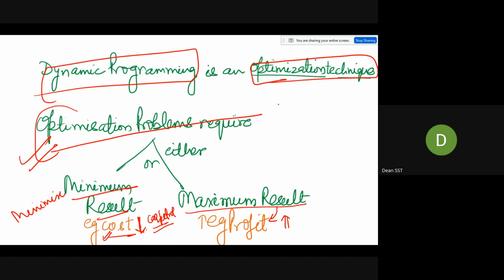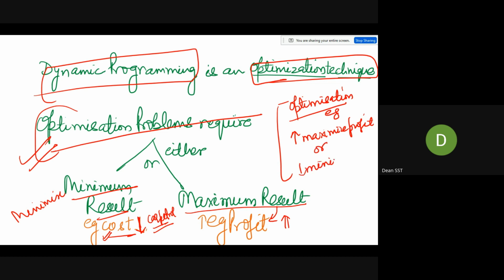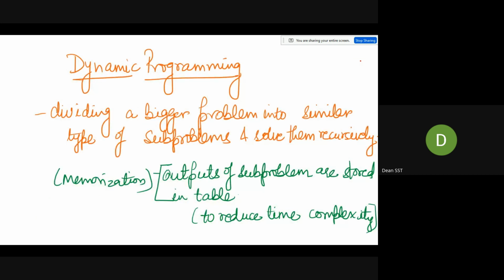So, optimization examples: maximize profit or minimize cost. If we are having profit, we have to maximize it. If we are having cost of transportation or anything, we have to minimize it. This is known as optimization.